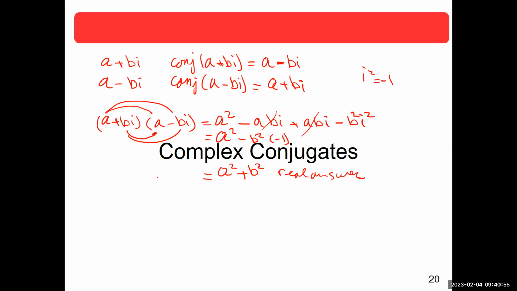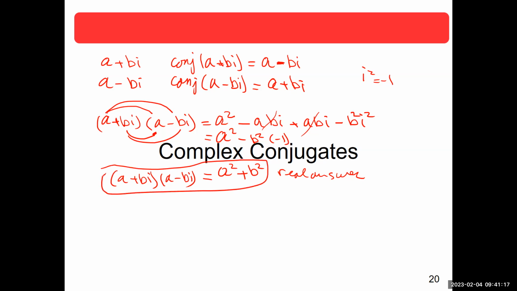It's better to remember this because you don't need to do this every time. So this becomes a formula, a plus bi multiplied by a minus bi. This is a formula. You need to remember it.